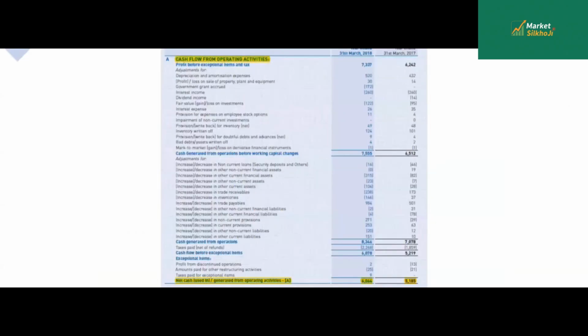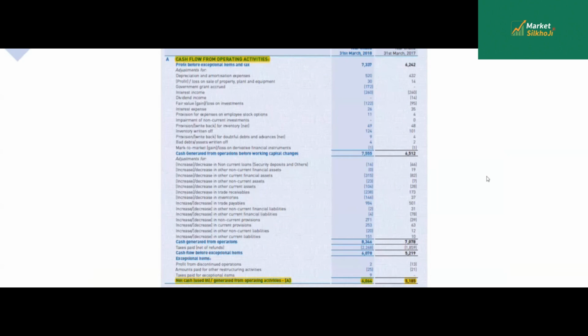Now let's look at the template. First, as you can see, it is cash flow from operating activities. There are so many line items. In general, you don't need to go through each and every line item. First you can see here cash generated from operating activities. If you look at that number, as you can see, 6,064 crores in 2018, 5,185 in 2017.